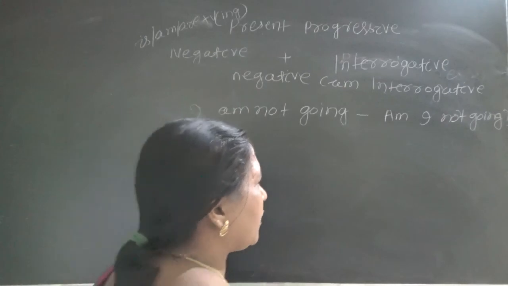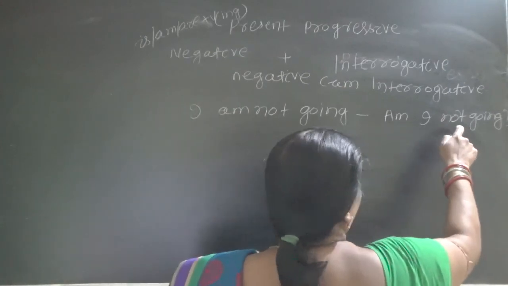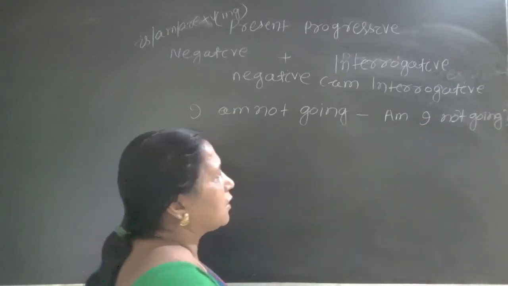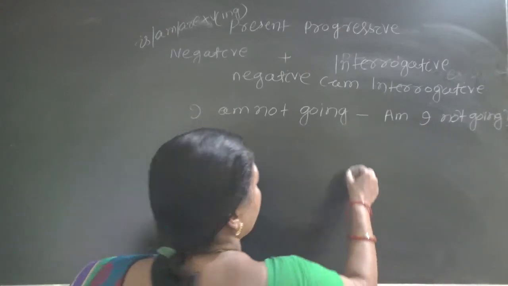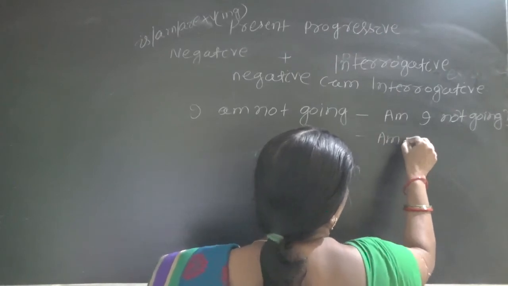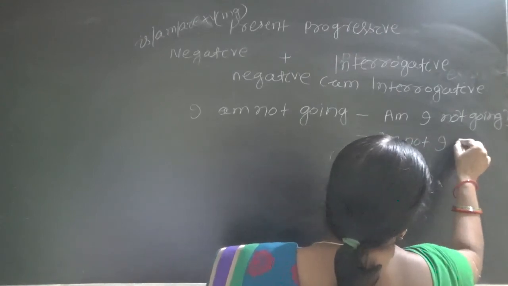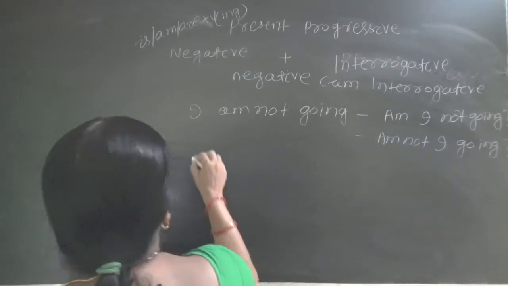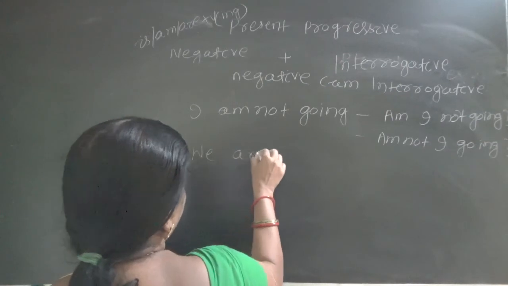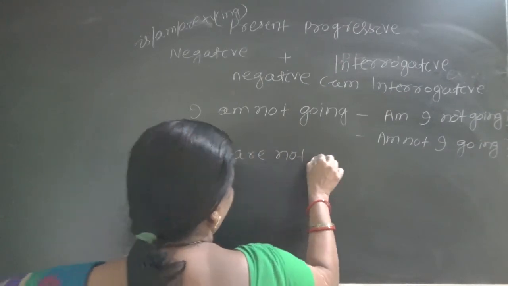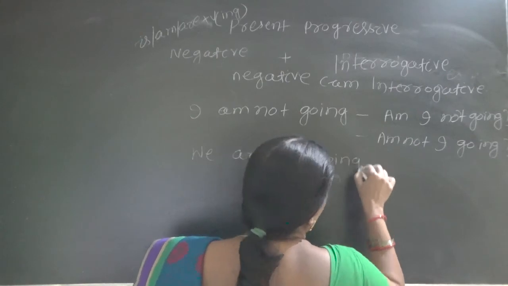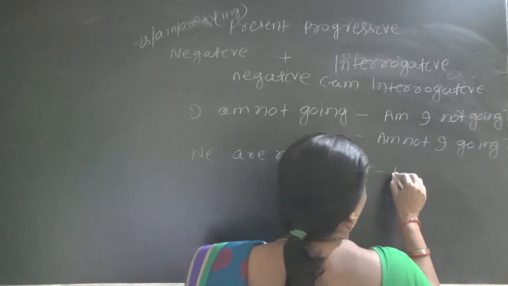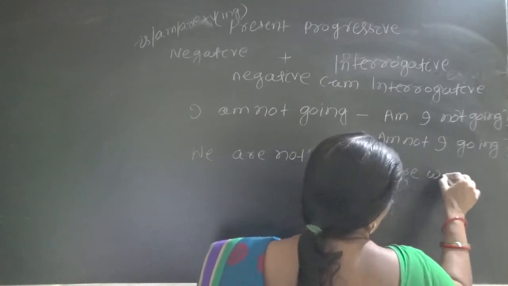In another way, we can express it by moving not to the auxiliary verb. Am not I going? We are not going. When we turn it into negative com interrogative, are we not going?